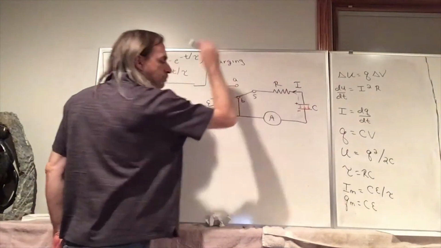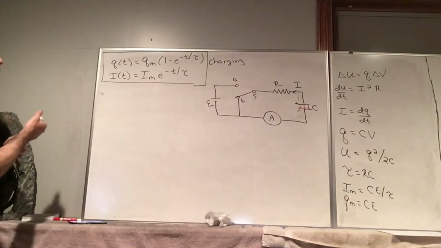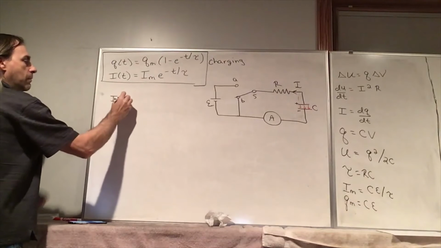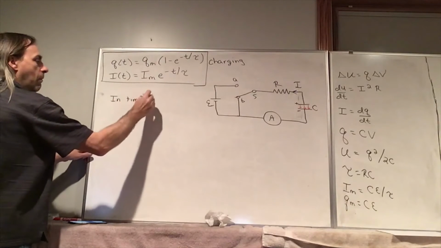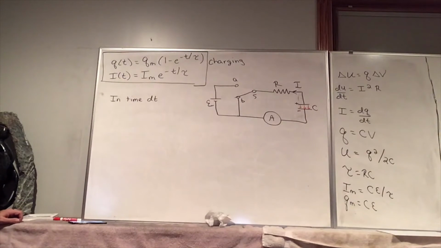Moving a charge across the capacitor, we're going from a low potential to a high potential. So that would be a gain of energy. In a time dt, we're moving an amount of charge dq. If we go across the capacitor, that charge is gaining energy.